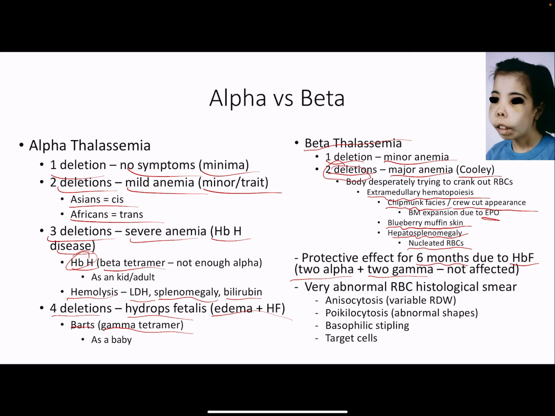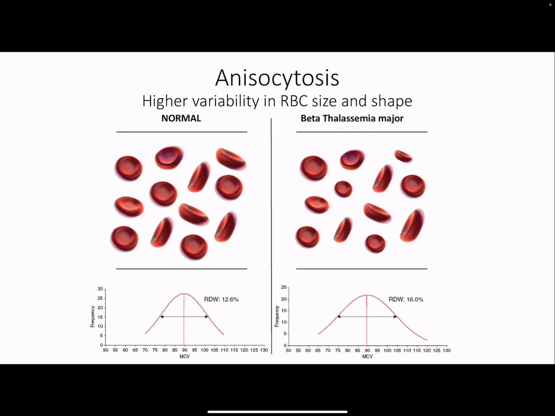I would note that they have a crazy variety of red blood cells on a histological smear. Anisocytosis, which is a variable red blood cell width distribution. Poikilocytosis, the shapes are going to be all funky. Basophilic stippling, they're going to have RNA, and then target cells. We'll see all of these, and we'll go into detail.